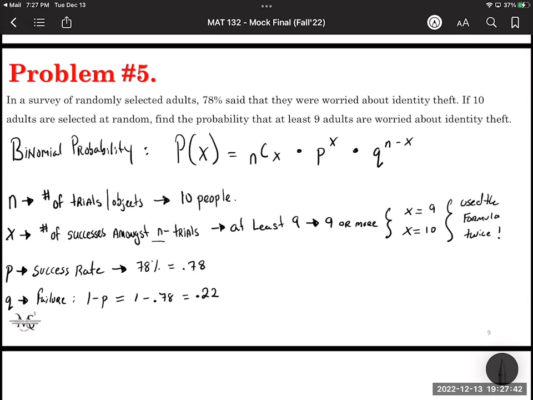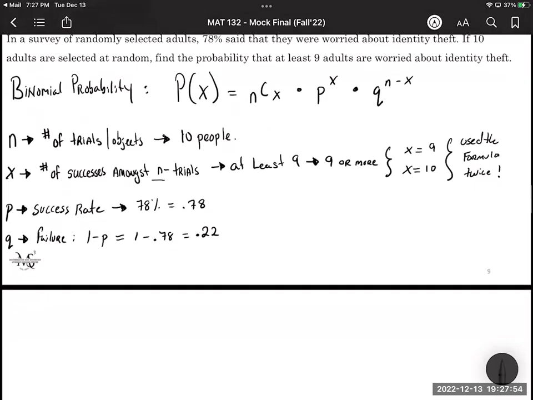There you go. 22 is a very important number for Raphael. Just throwing that out there. Okay, so we have p and we have q. Now let's do the computation.